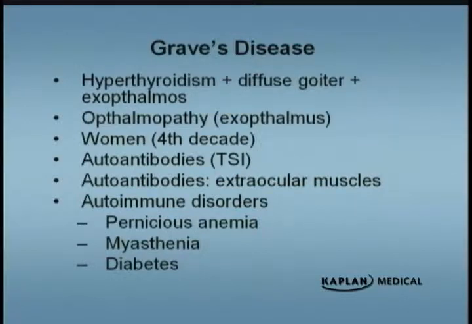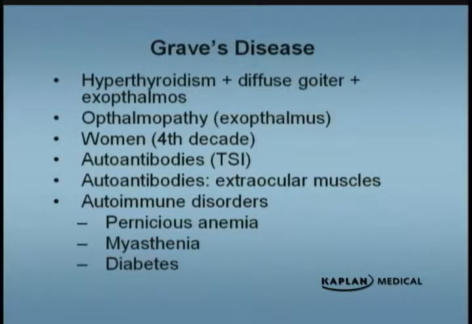I want to make sure you understand that the Graves ophthalmopathy, the exophthalmos, the proptosis is only seen with Graves' disease. There's no other thyroid disease that you see this with. So if they show you a picture of a patient with bulging eyes, that kind of wicked stare, the typical Graves' disease patient, and they ask you what form of hyperthyroidism this is, it's only Graves' disease. It can't occur anywhere else.